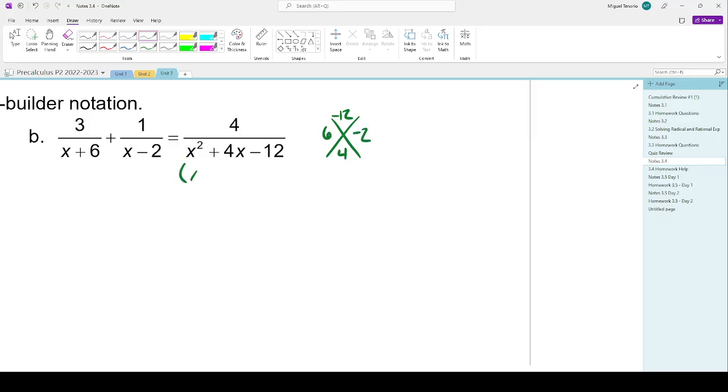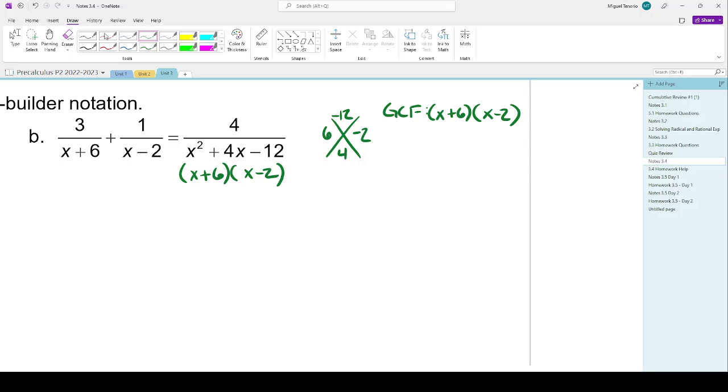So the bottom here is going to be composed of x plus 6 times x minus 2, which, coincidentally for us, is also present in the other fractions. So my GCF is going to be a mixture. It's going to be the product of x plus 6 and x minus 2.